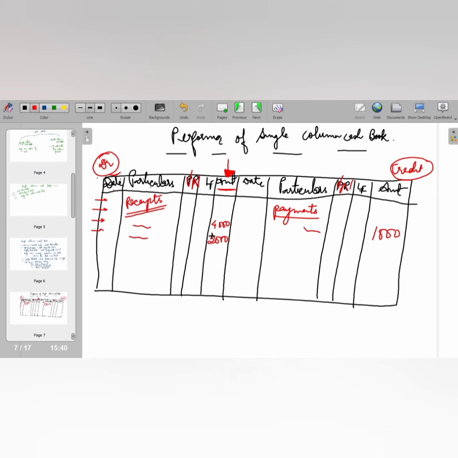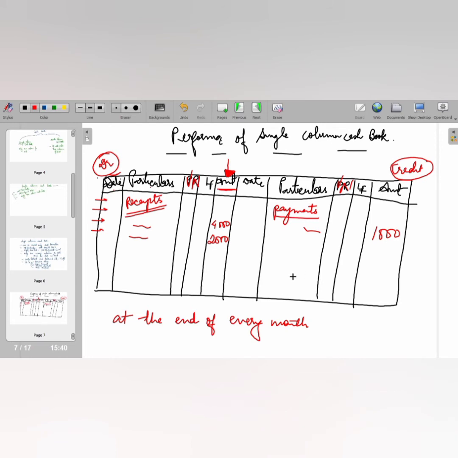See, now this is 6,000 and here it is 1,000. So there is a difference between these two sides. So the cash book says we have to total or balance it at the end of every month. Usually at the end of every month we total or balance the cash book.